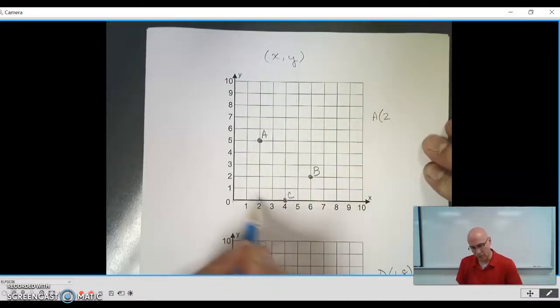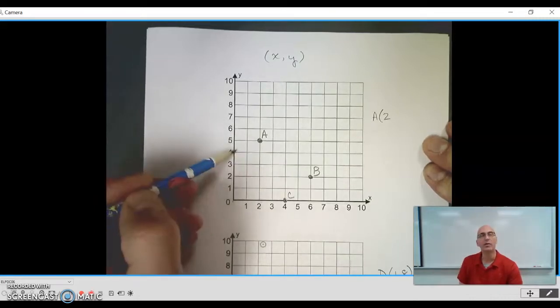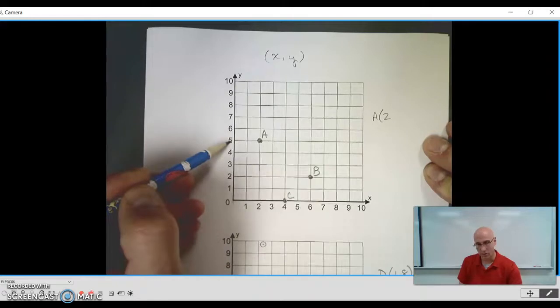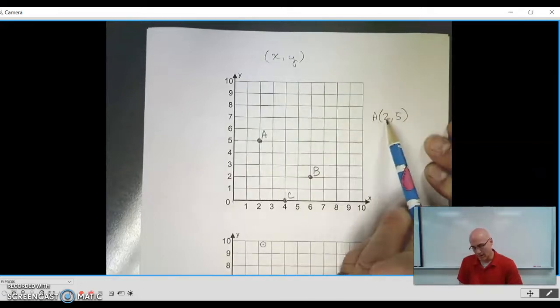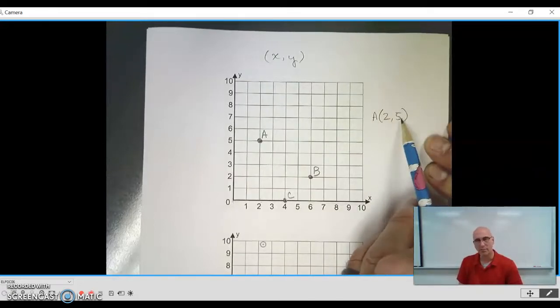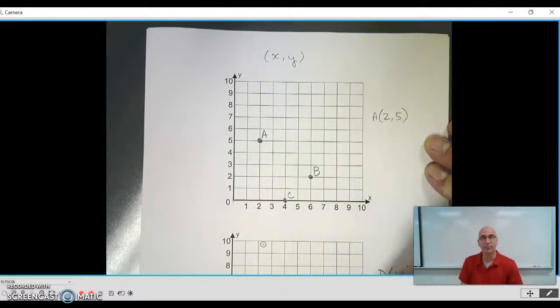So that is 2. And then we go up 5 units. So you can either count or you can use the scale under or next to the axes. So in this case, point A is at 2, 5. And that's how we read it. The coordinates of point A are 2, 5.